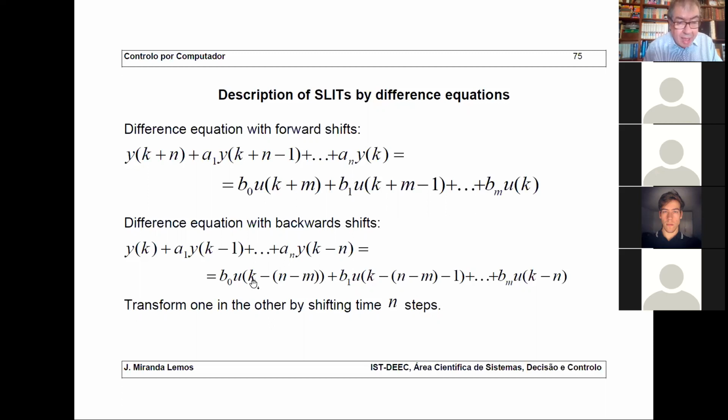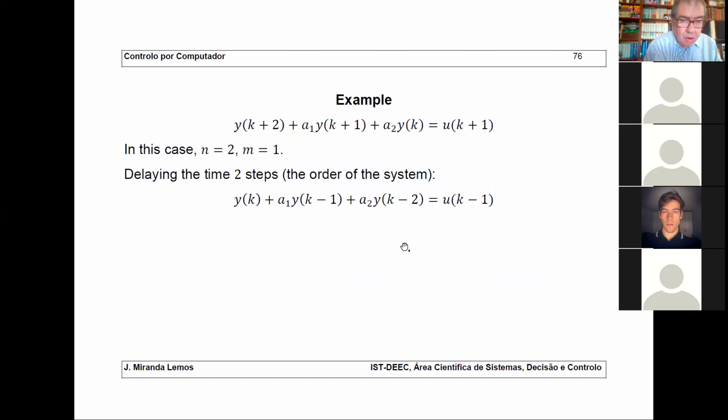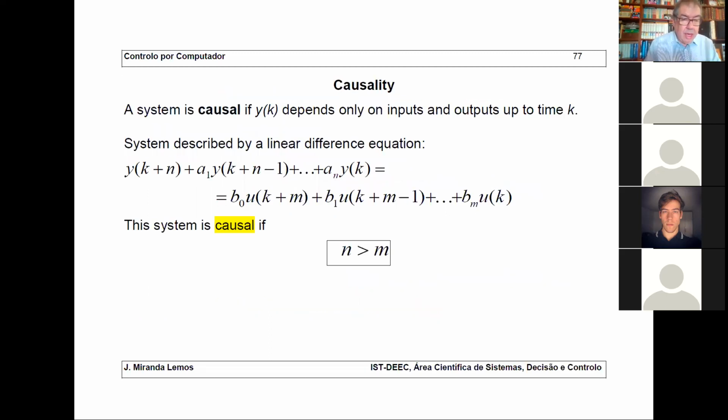So u of k plus something is affecting y of k. y of k is depending on future values of u. So for causality, you could place here n bigger or equal to m.